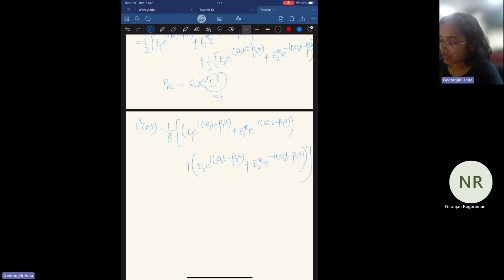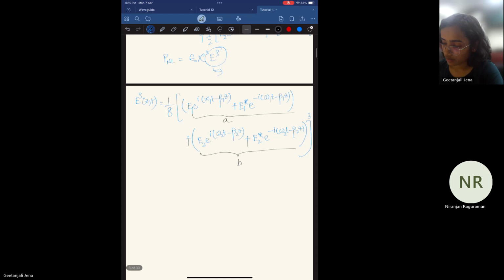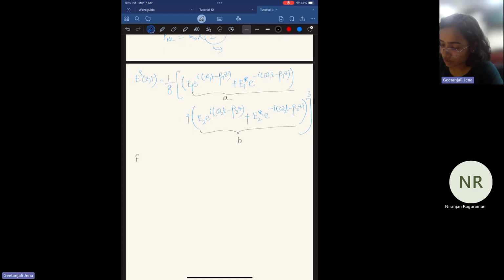Let us say the first pair is A and the second pair is B. So E cubed is 1 by 8 times (A plus B) whole cubed, that means A cubed plus B cubed plus 3A squared B plus 3AB squared.